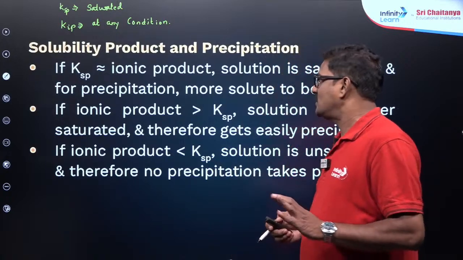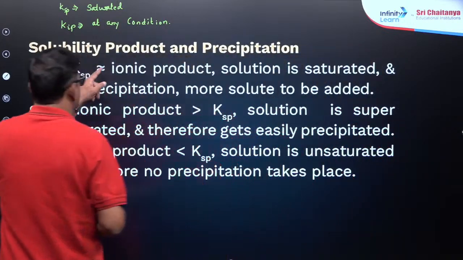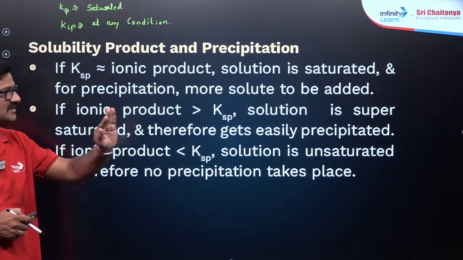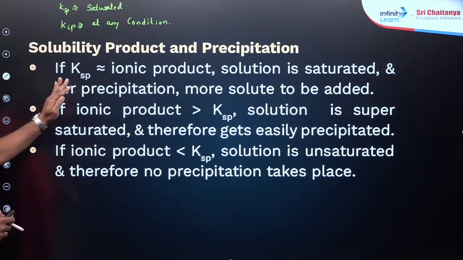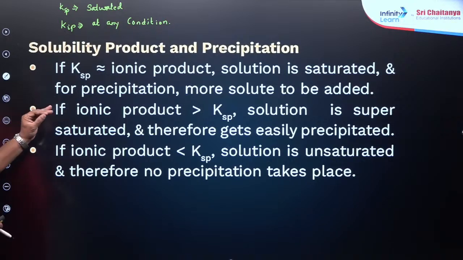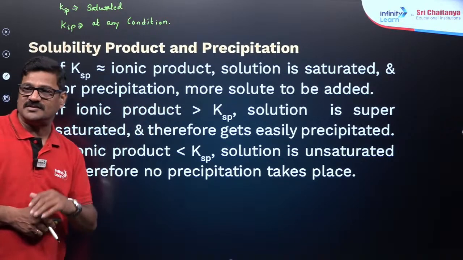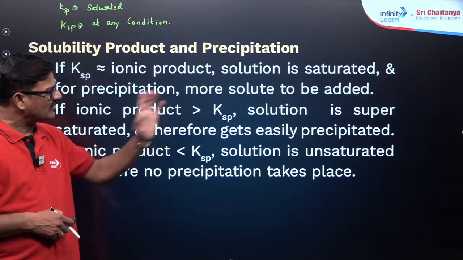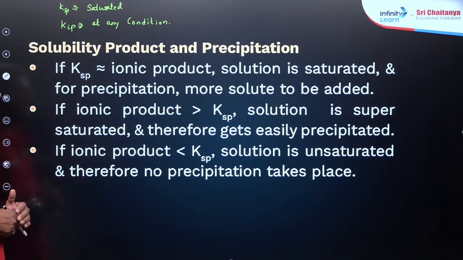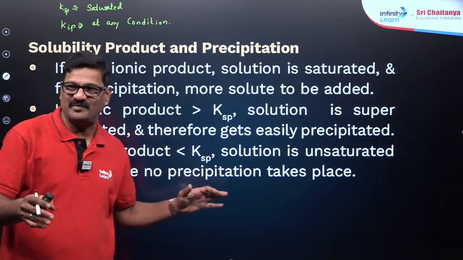So suppose if Ksp is equal to the ionic product, the solution is said to be saturated, and for precipitation more solute has to be added. If the ionic product is greater than the solubility product, which is actually constant, the solution is said to be supersaturated, therefore it is easily precipitated.